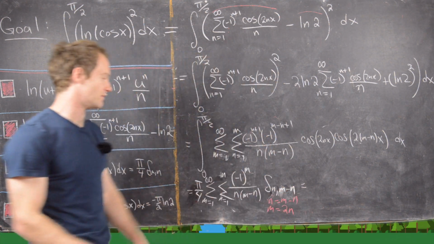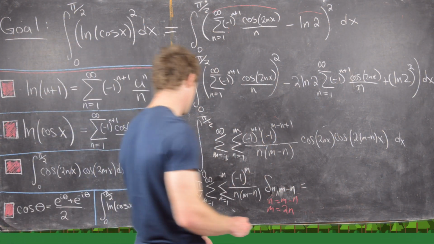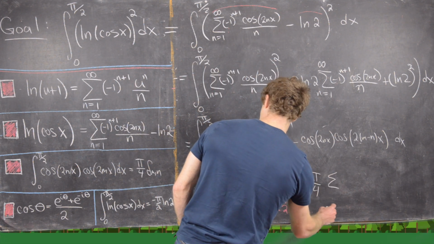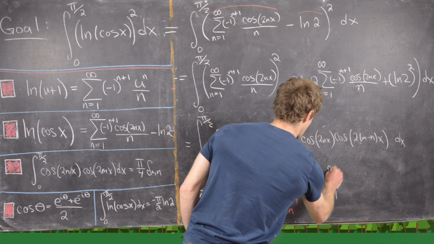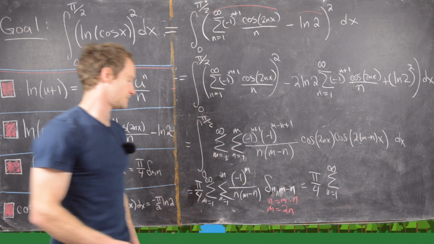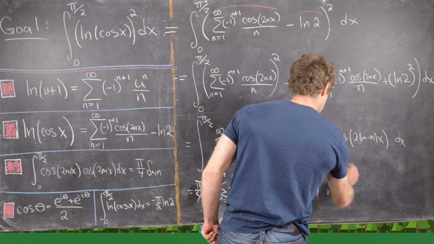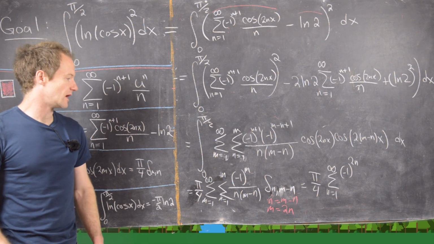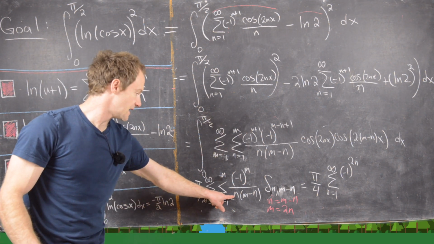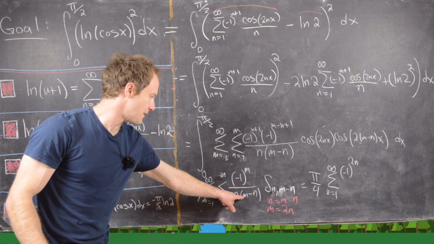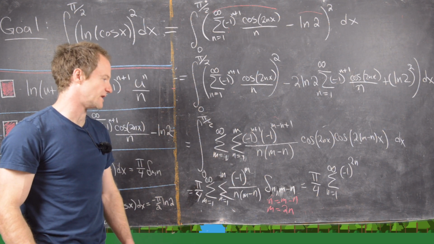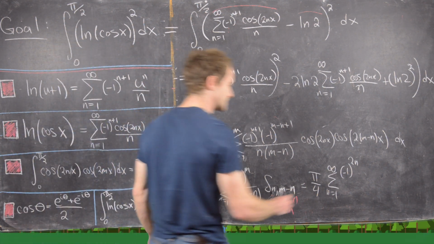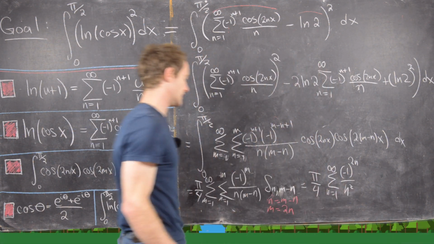So this double sum will collapse to a single sum, and the single sum will look like this: pi over 4, and then the sum n equals 1 to infinity of minus 1 to the 2n, because notice m is equal to 2n here, and then n, and then notice m minus n is also going to be n, so that's going to give us n squared in the denominator.